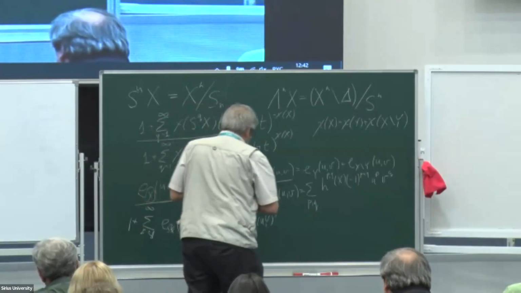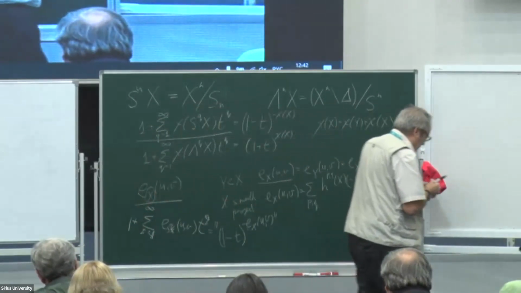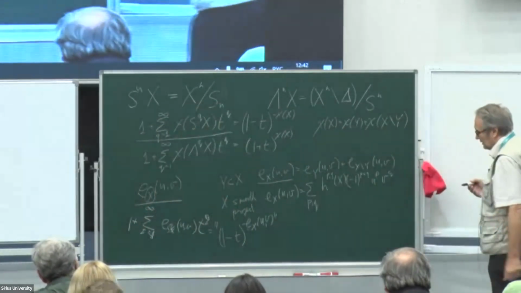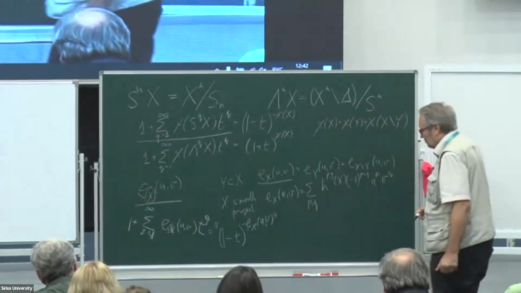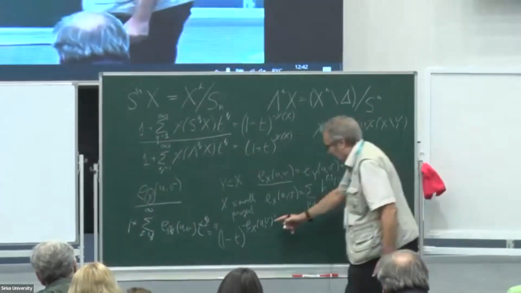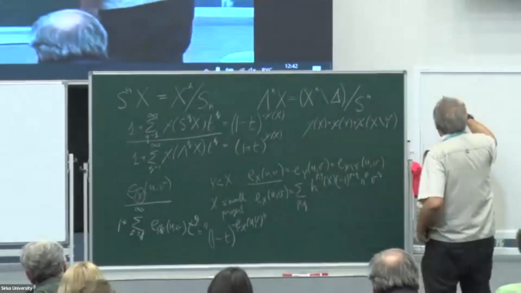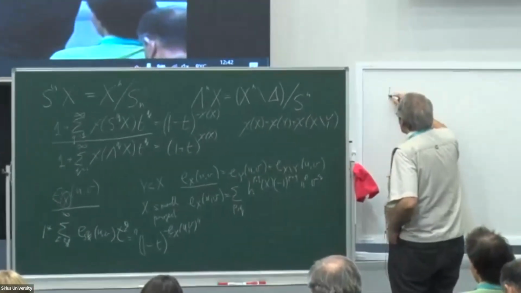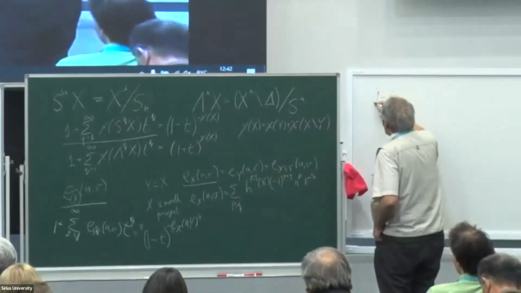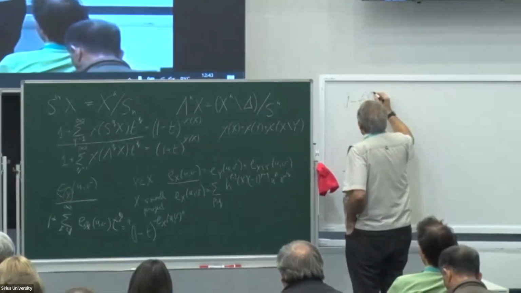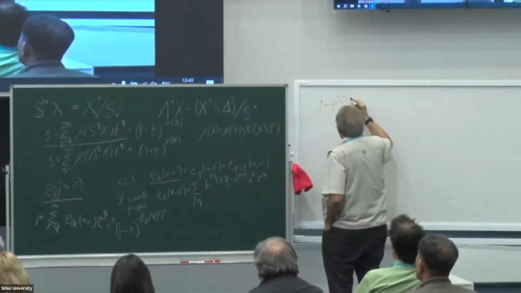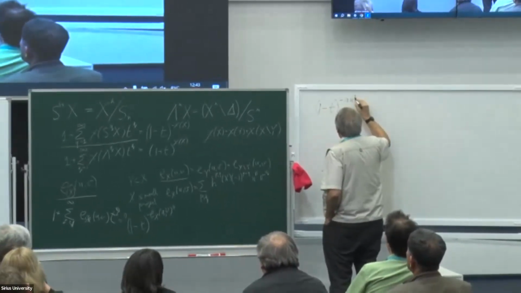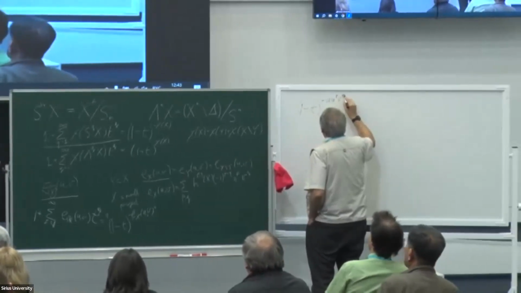This is why this is denoted by that. I don't want to comment at the moment. Maybe I'll comment a little bit later. But this is defined like that: (1 minus t) to the power minus a, times u to the power p, v to the power q.